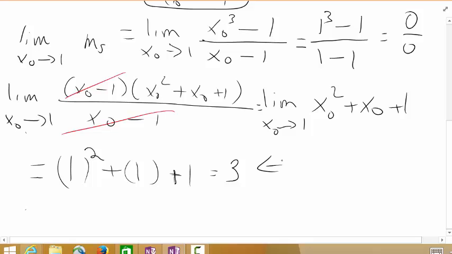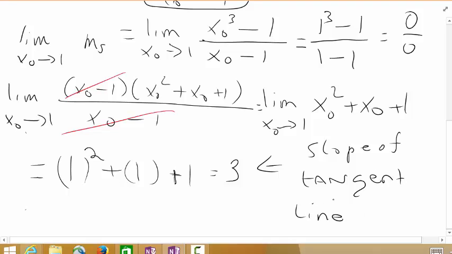So this 3 is the slope of the tangent line at the point (1, 1).